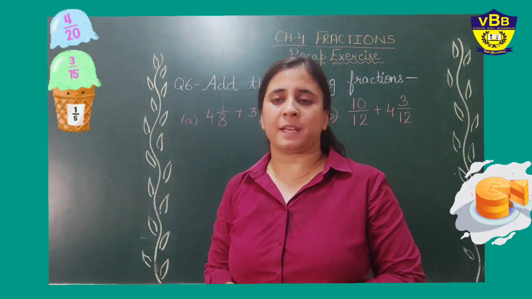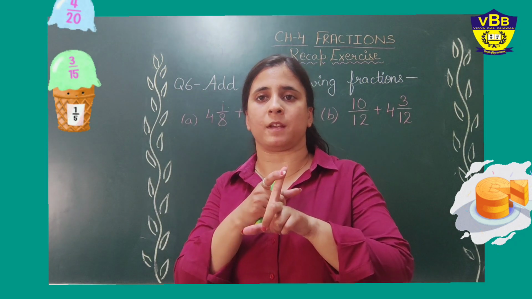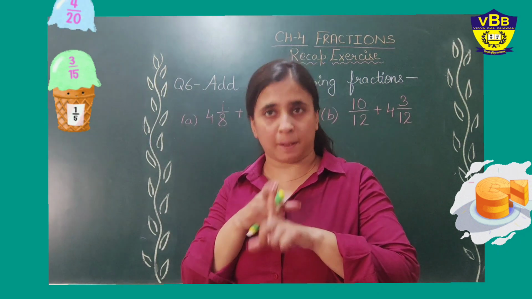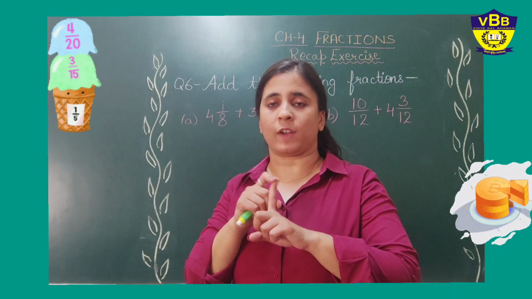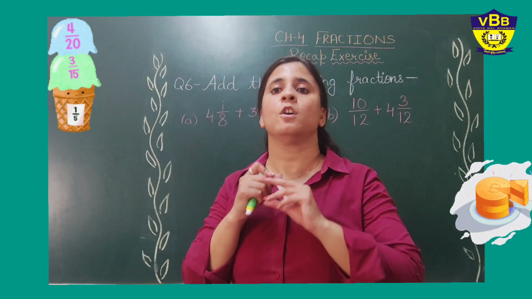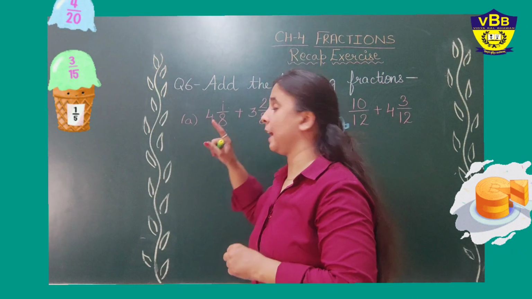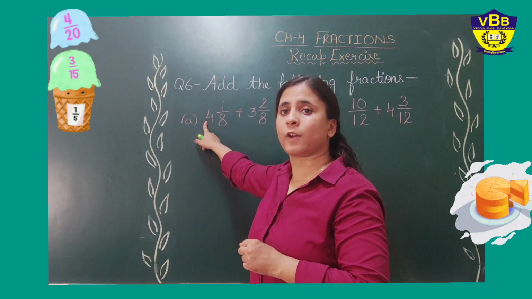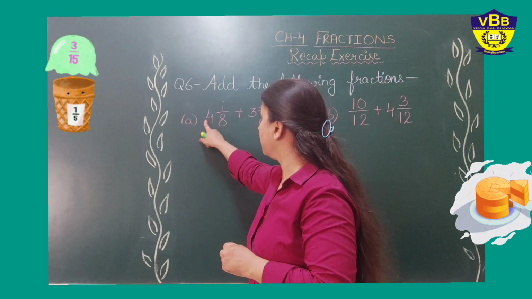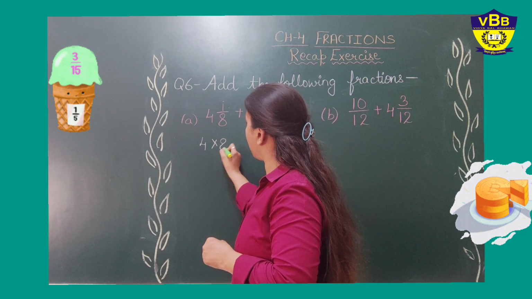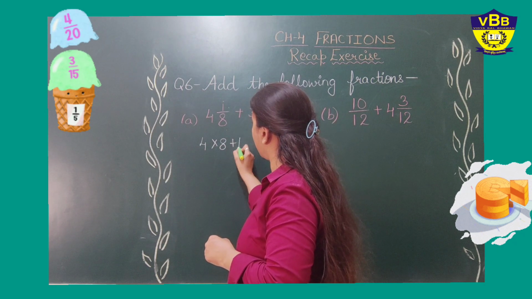To add mixed fractions, the first step is to convert the mixed fractions into improper fractions. We have discussed already how we can convert a mixed fraction to an improper fraction. We multiply the whole number with the denominator and add the numerator.